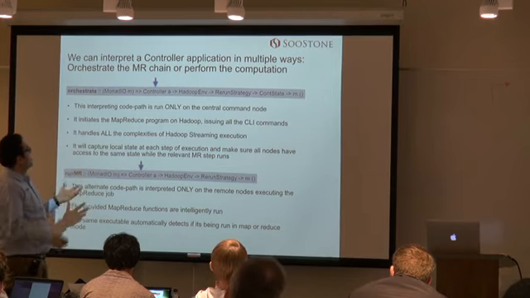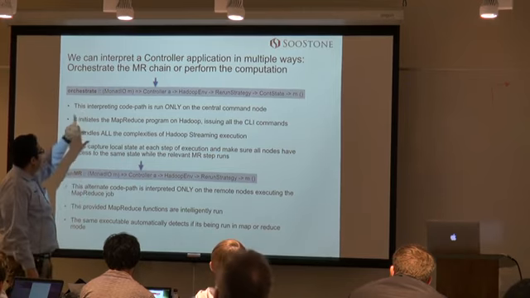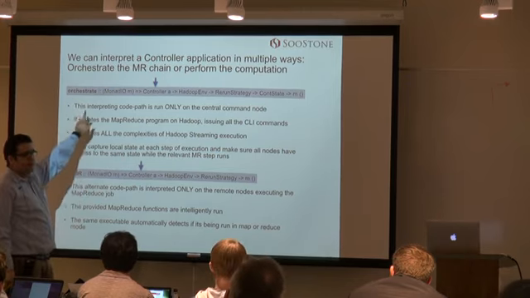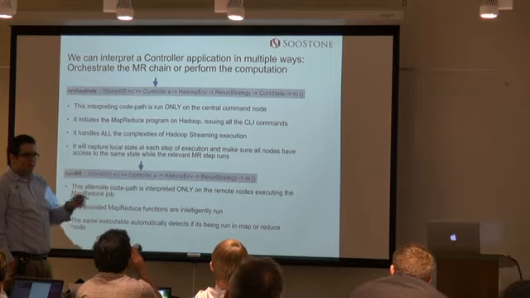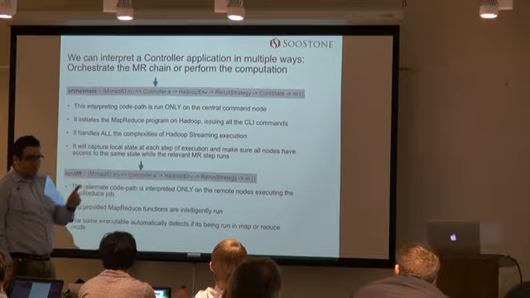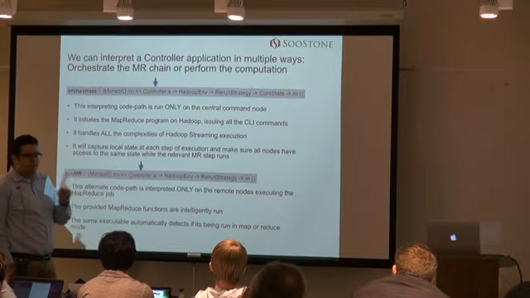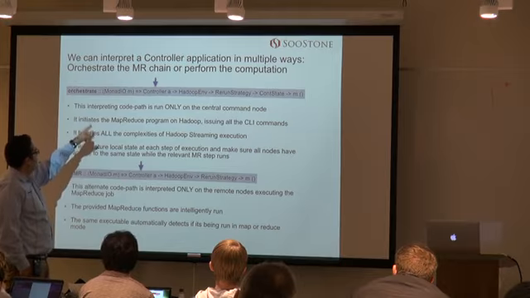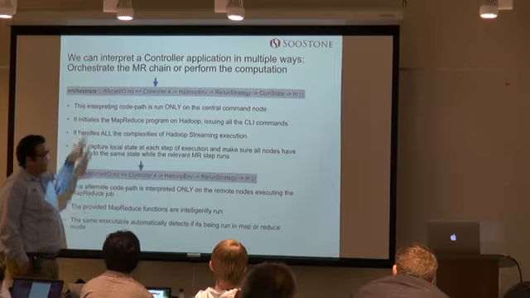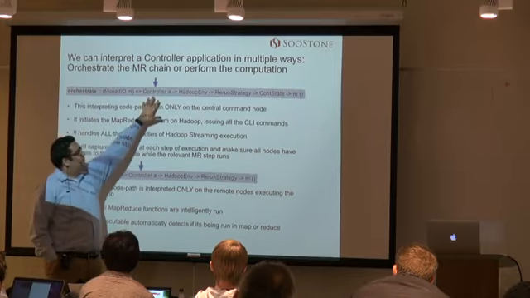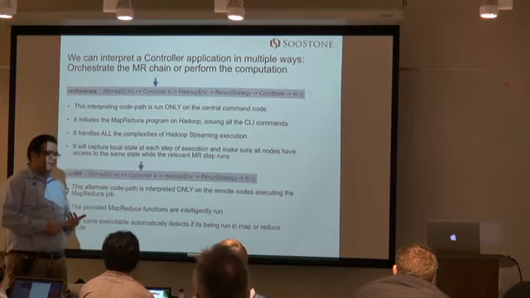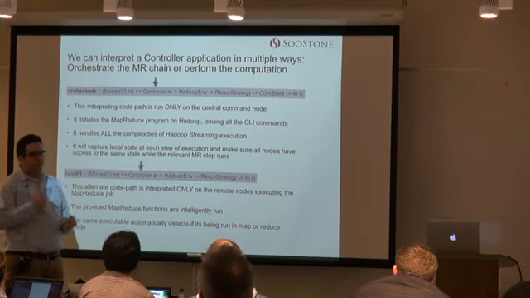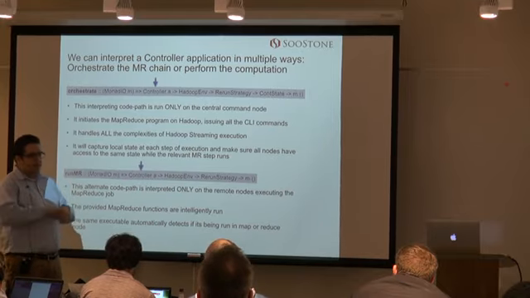So literally in the I/O monad. The nice thing about this is this guy intelligently runs only on the master node. So of your 200 worker nodes and the master node, so a total of 201 nodes, only the one master node will run this code path. And when this gets run, it actually figures out what's involved in running this controller action, from all the commands that it needs to issue to Hadoop, like all the central coordination it has to do, all of that stuff.